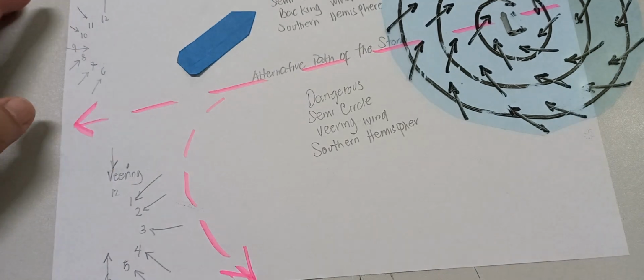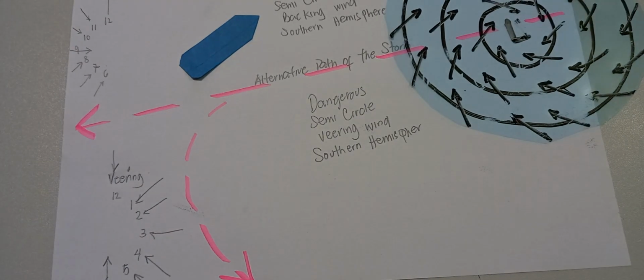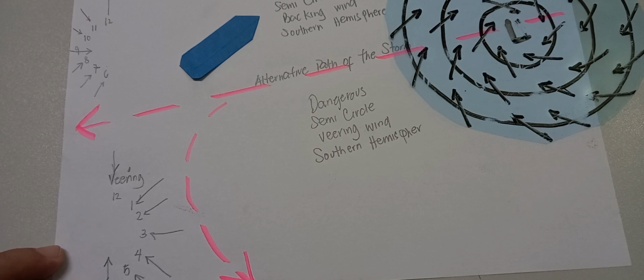Now, the action to avoid the tropical revolving storm in the navigable semicircle.